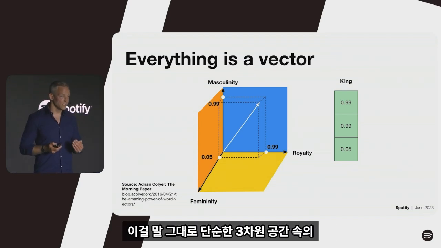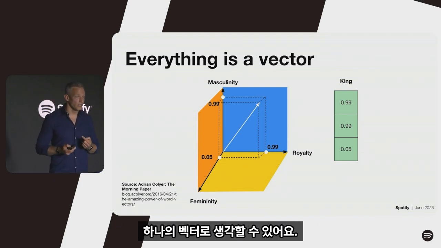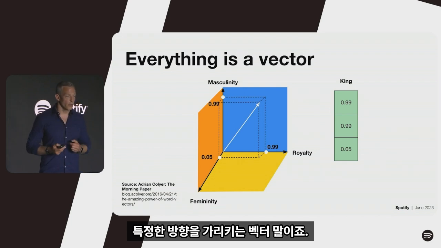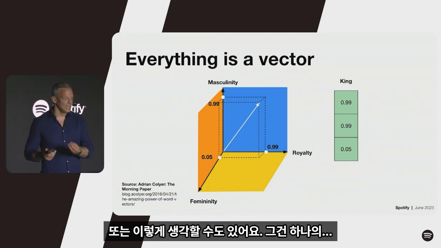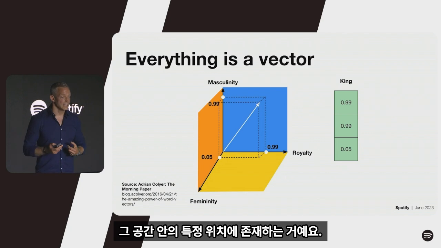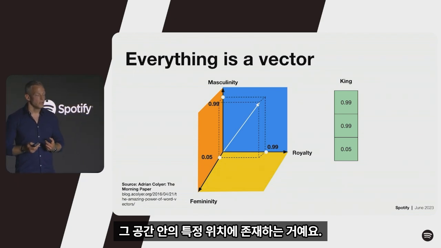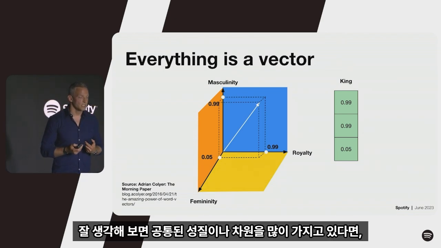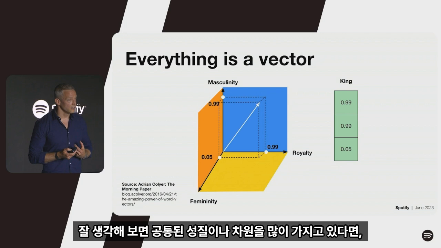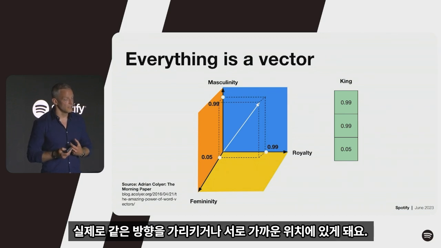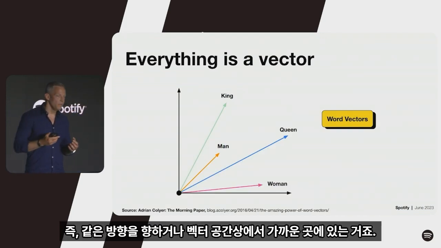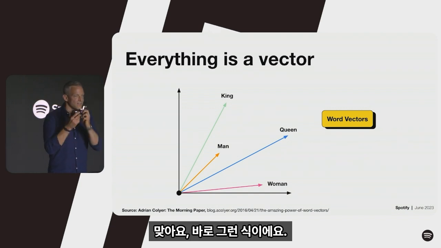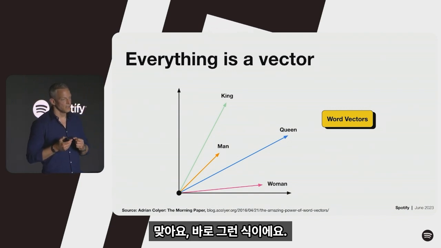You can think of that literally as a vector in this simple three-dimensional space that points in a certain direction. Or another way to think about it is that it is in a certain place in that space. Words that are similar, that have a lot of the same dimensions, are going to be pointing in the same direction or be close to each other in this vector space, right?